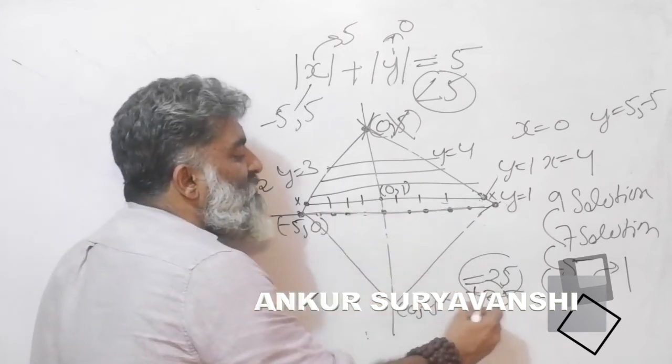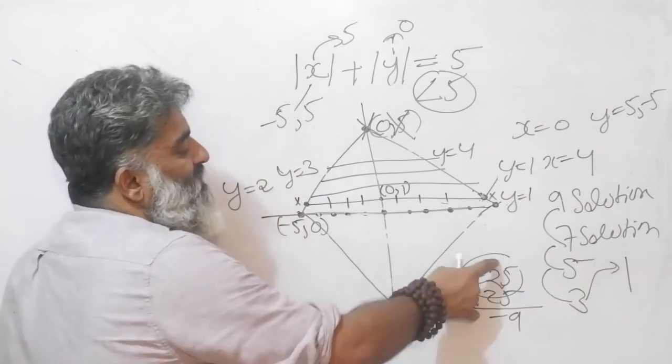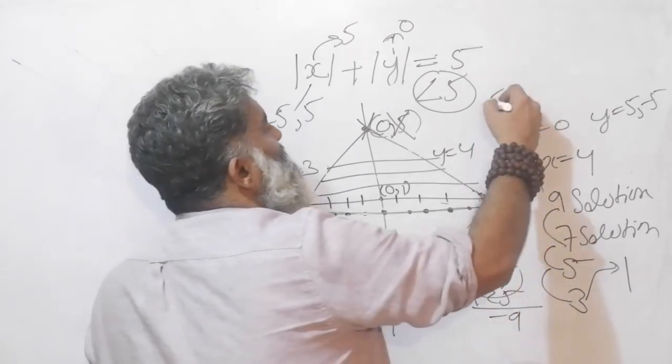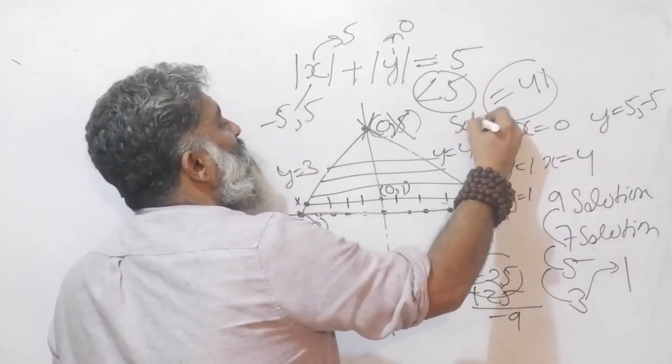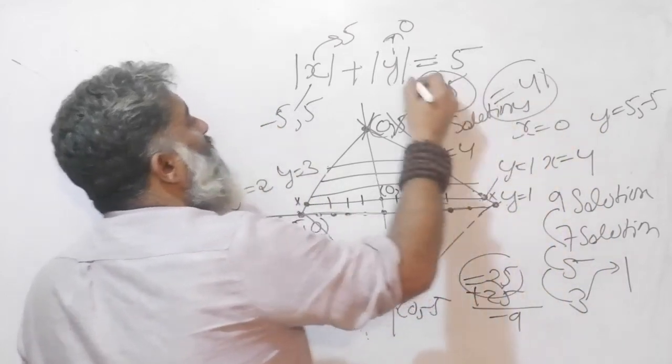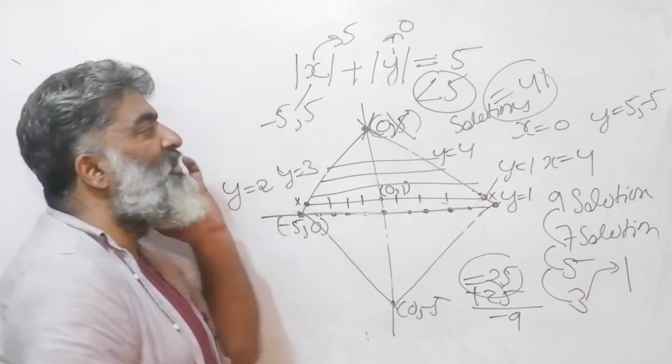So do 25 plus 25, but after that subtract the 9 solutions. So I'm getting 50 minus 9, my answer should be 41. What is equal to 41? The number of solutions for this inequality is going to be equal to 41.